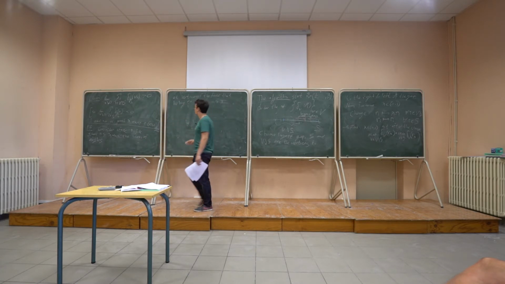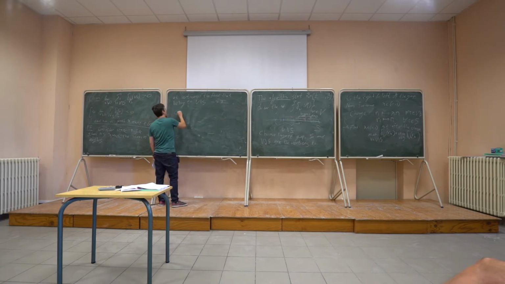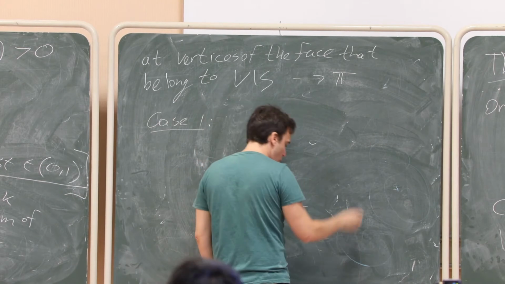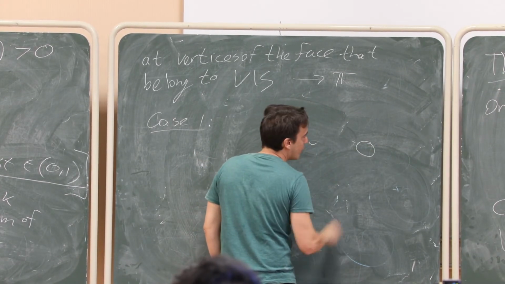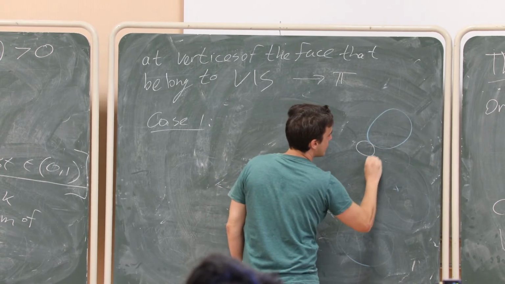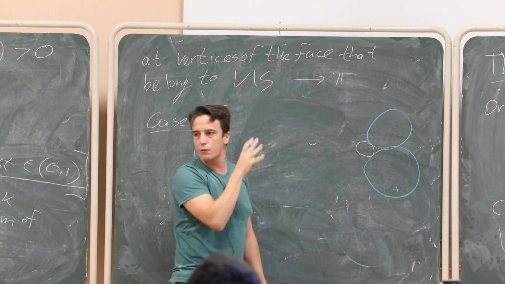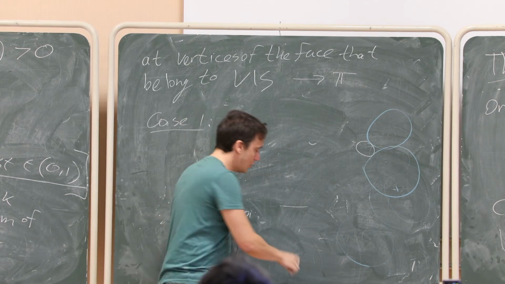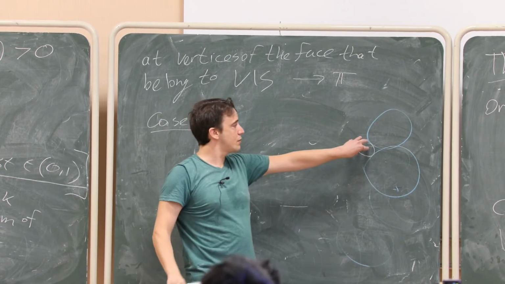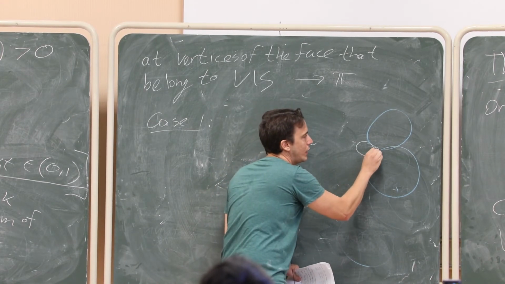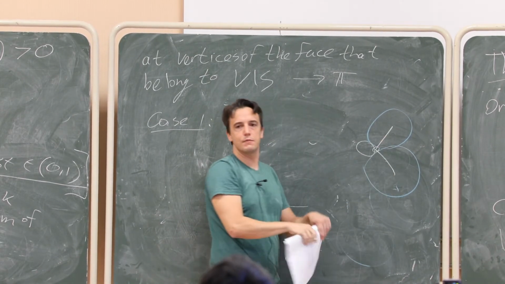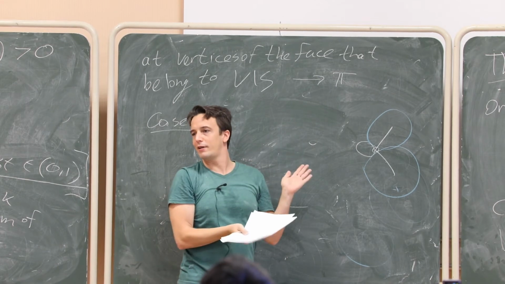Let's look at the cases. Case 1, the non-trivial one, is that one vertex belongs to V minus S and two other circles belong to S, so their radii do not change. And you can see that as you make this circle smaller and smaller, it becomes teeny, tiny, and the angle at it becomes close to 180.